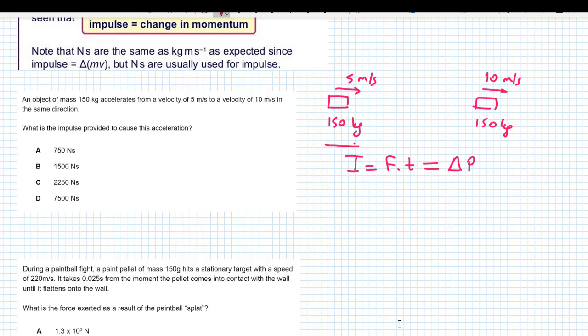We can find the first momentum P1, and after that the last momentum P2, and then delta P equals the last momentum minus the first momentum, and it is a vector quantity. If they are in the same direction, minus means change this one and make it opposite. Delta P equals P2. What is P2?